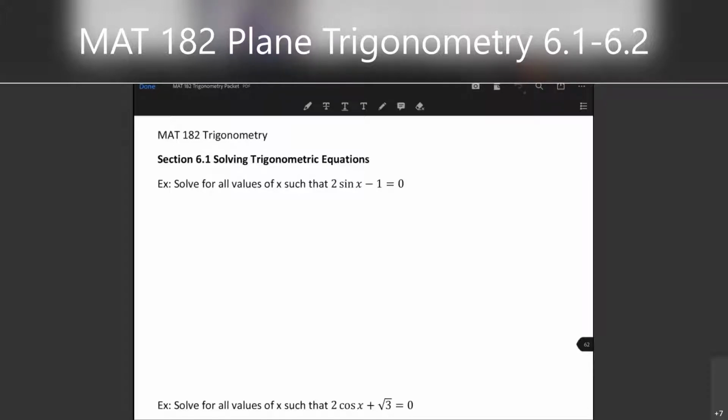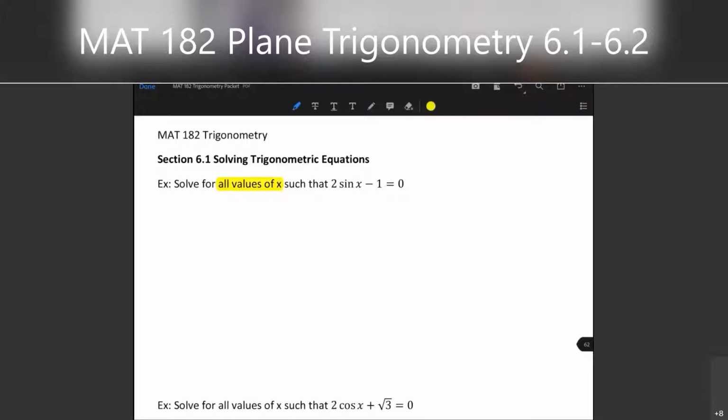Okay, so 6.1 is all about introducing our trigonometric equations, and that's what we'd like to do here. The first few examples are going to involve a single trigonometric function, and in this case, we want to solve for all values of x that would solve this equation.